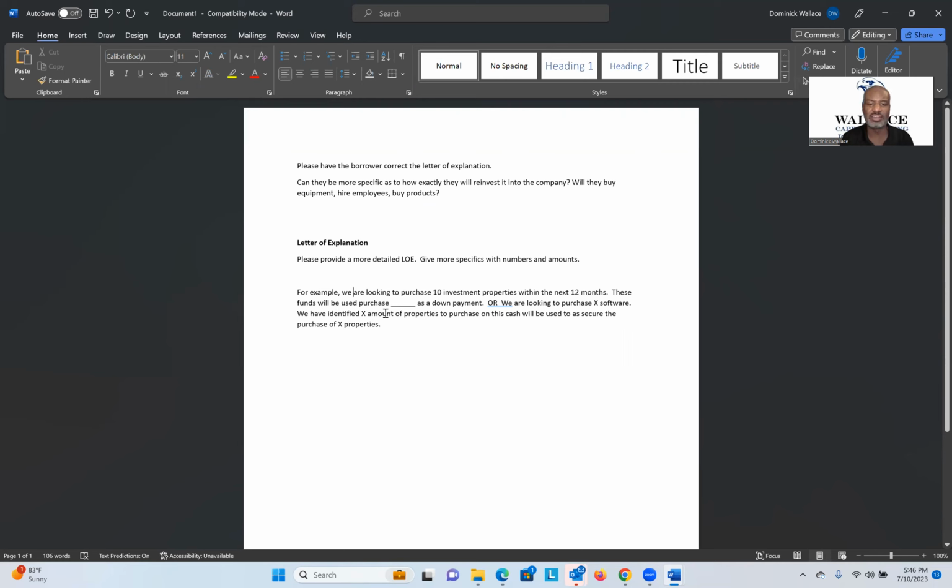We identified X amount of properties to purchase with this cash. Typically, when you have numbers in there, that makes it a substantial letter of explanation. Without that, it's not a good letter of explanation.